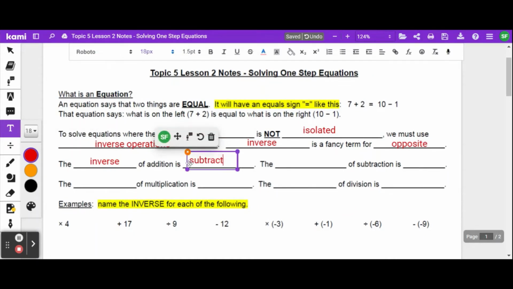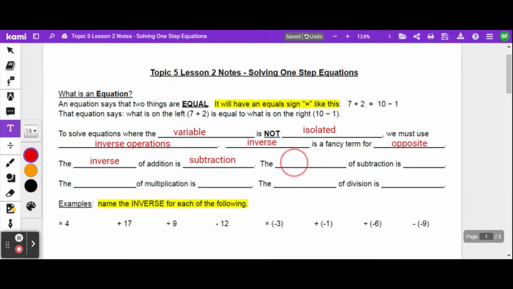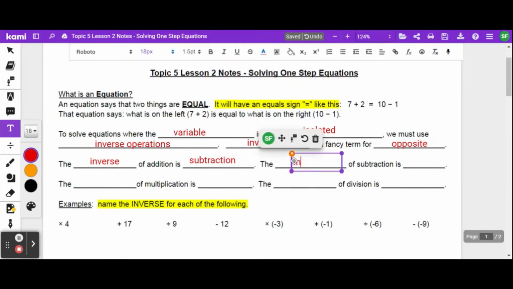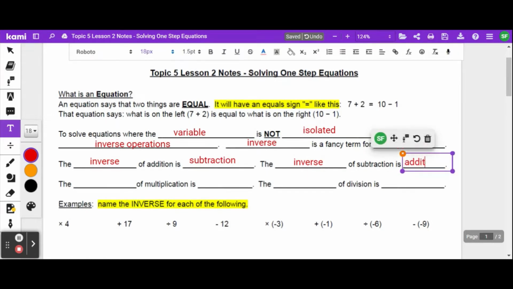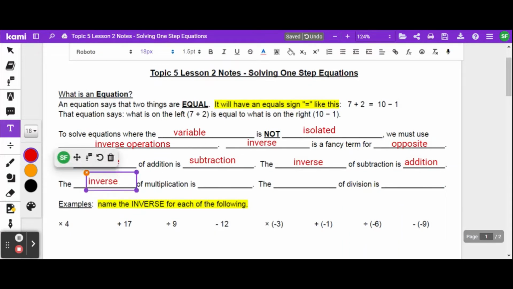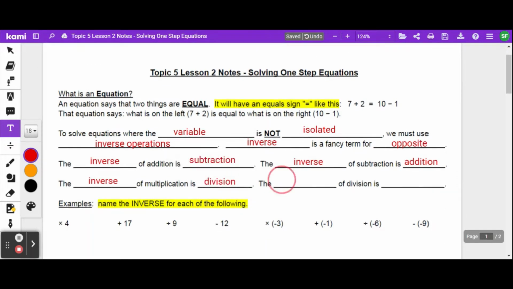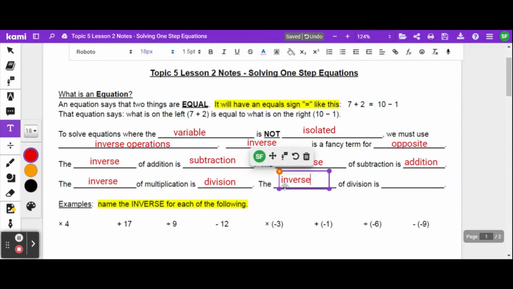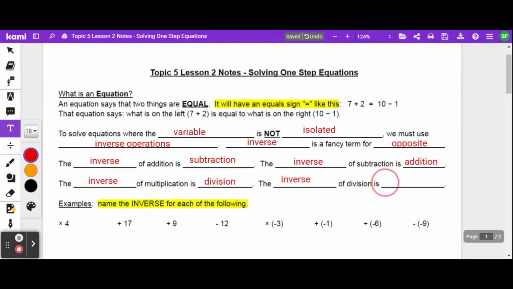Those are opposites. We should all understand that. The inverse of subtraction is going to be addition. The inverse of multiplication is going to be division. And the inverse of division is, of course, going to be multiplication.